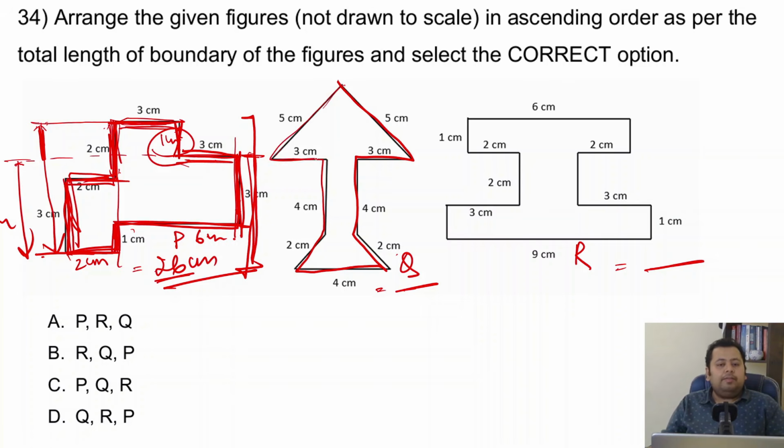So this is 32 centimeters, right? Again, 5 plus 3, 8, 12, 14, 18, 20, 24, 27, 32, right?